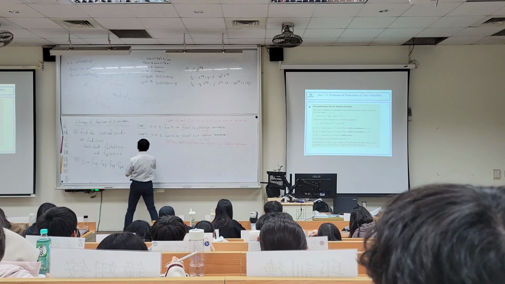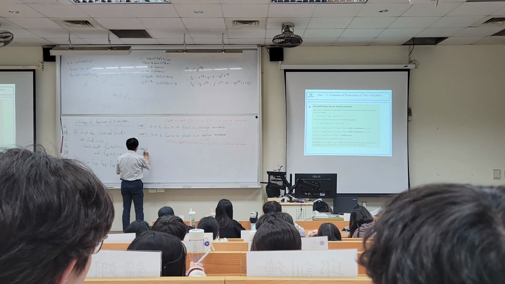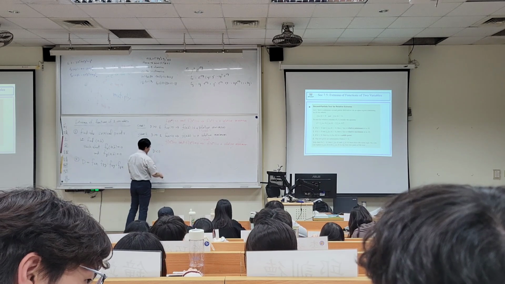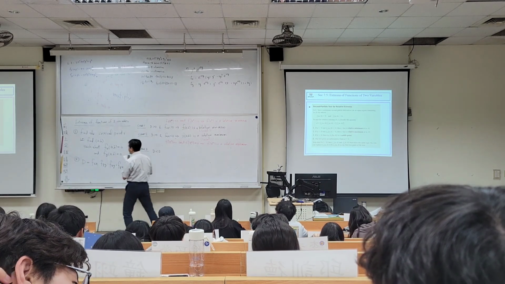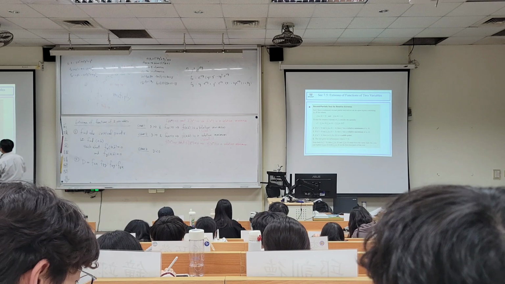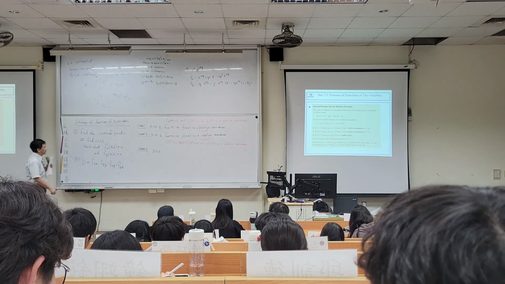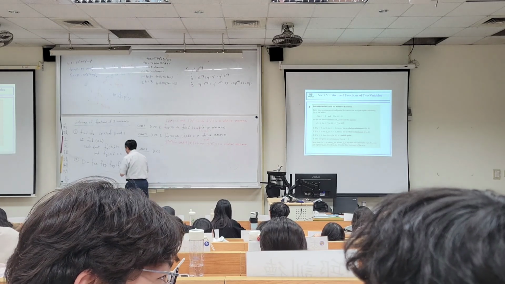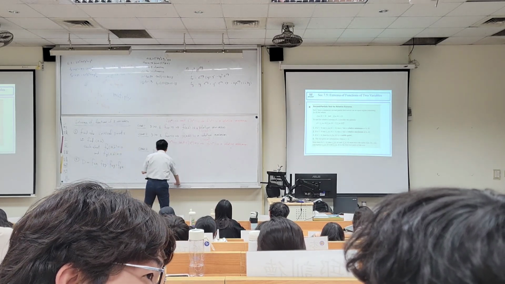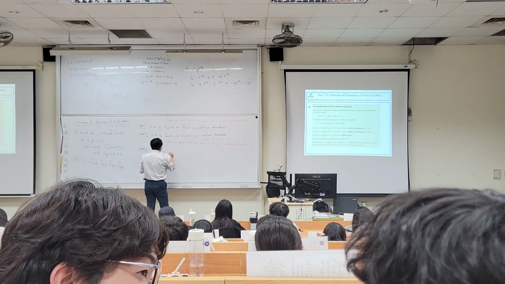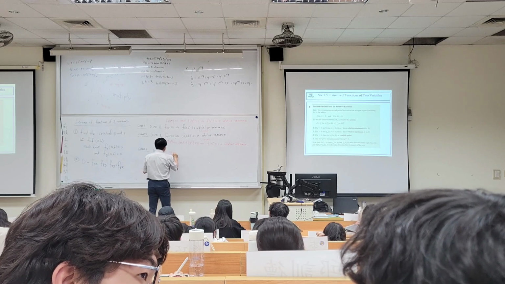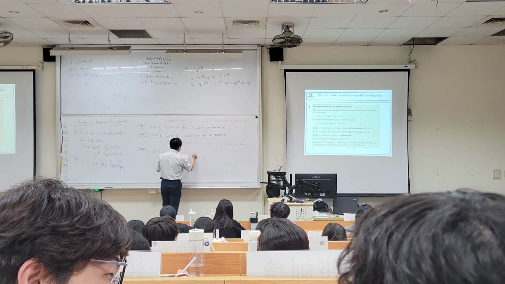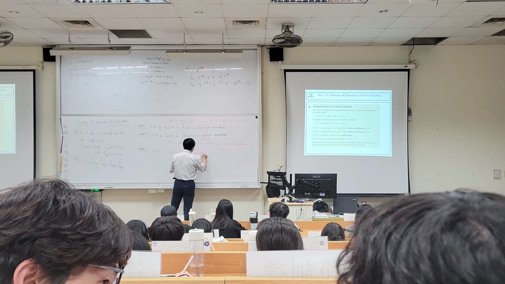Also in case 3, when D is negative, this implies f of (a,b) is a saddle point.